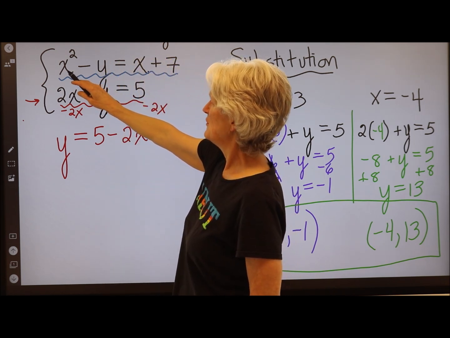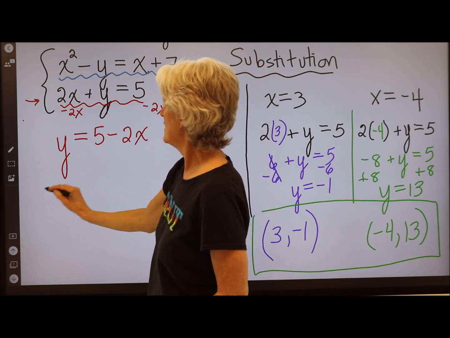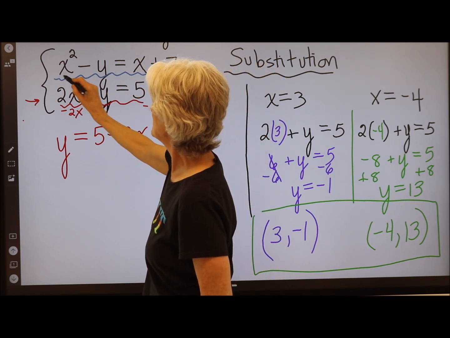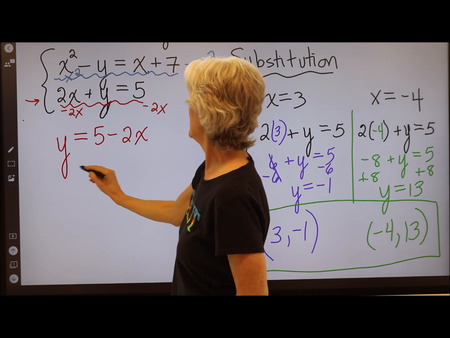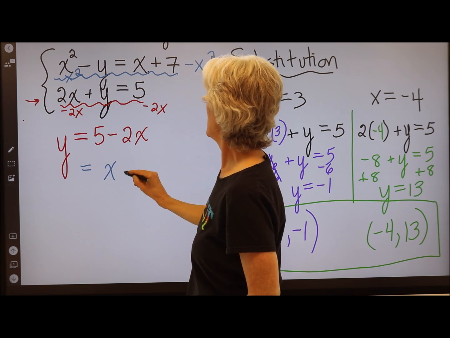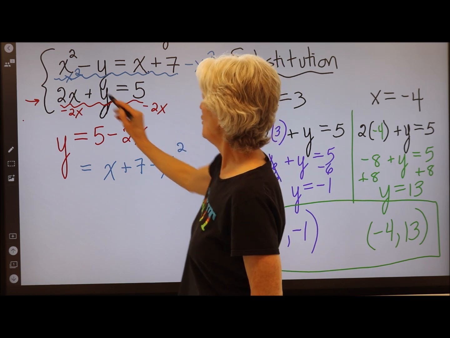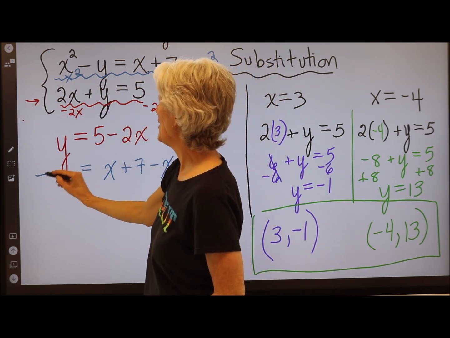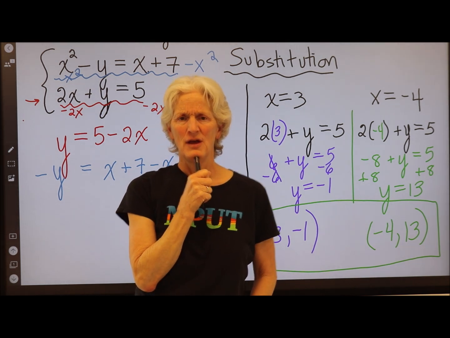All right, this one's a little trickier. Oh, but you're saying that's not too hard, I can just subtract x squared from both sides. Okay, I can do that. So over here I have x plus 7 minus x squared. Oh no, but I'm left not with a y over there, but with a negative y. That's a little awkward.